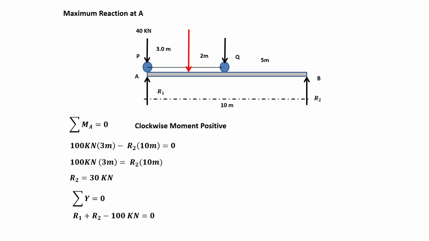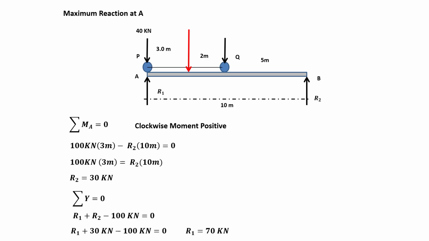We get the equation R sub 1 plus R sub 2 minus 100 kilonewton equals 0. We can then calculate R sub 1 since we already have R sub 2, which is 30 kilonewton. So R sub 1 plus 30 kilonewton minus 100 kilonewton equals 0. What is the value of R sub 1? R sub 1 is actually 70 kilonewton.